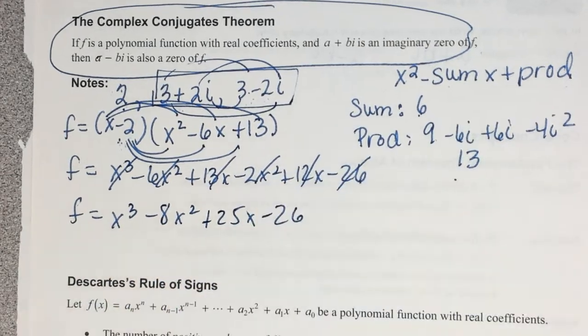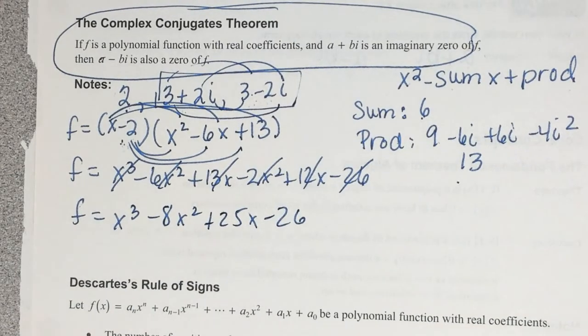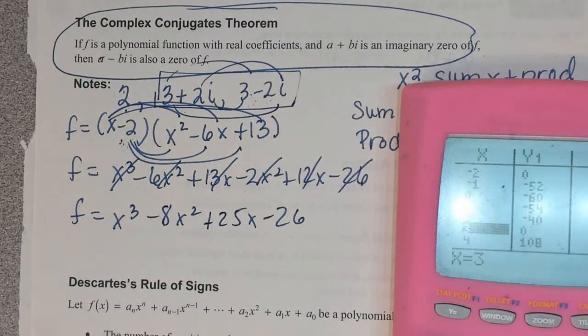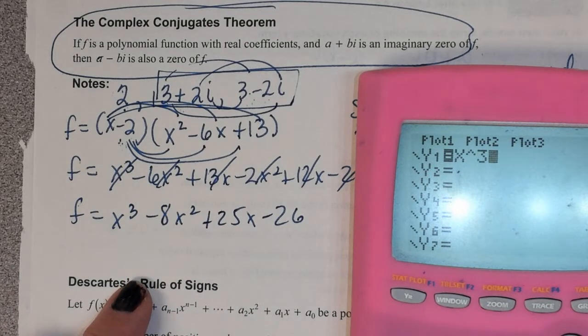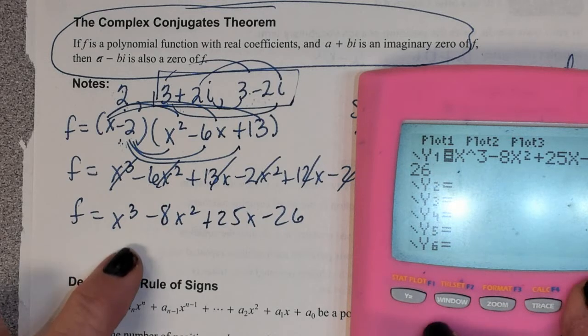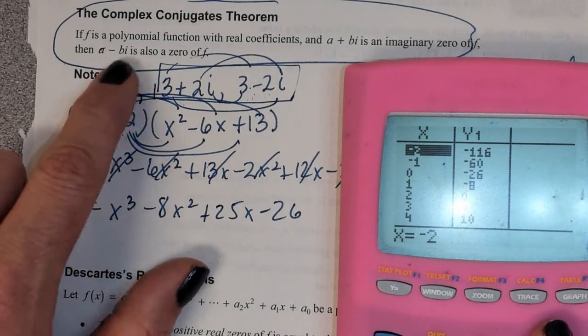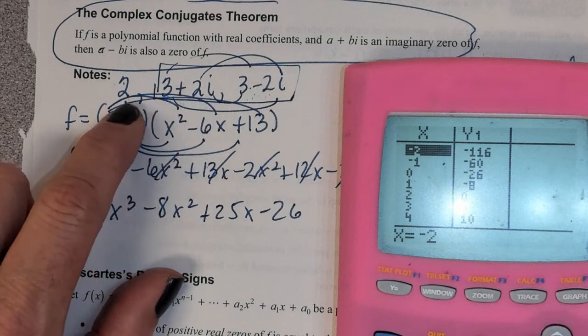So I did that pretty quickly. Maybe I want to check. A good way to check would be to go to y equals, and type in what I just got. You don't need to do this, just kind of watch. I'm going to type that in, and I want to check to see if that is a zero. What should be the zero that I should get here? 2.